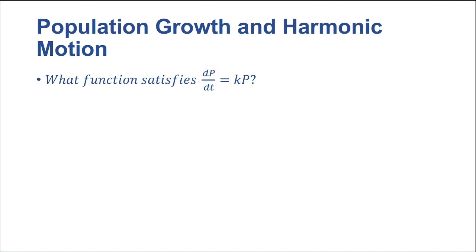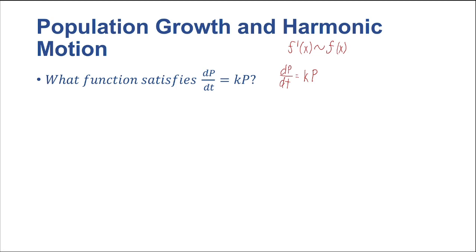For population growth, let's say that we are looking at a function where the derivative, dP/dt, the rate of change of the population with respect to time, is equal to some constant times P. So what this is really saying is we have a function f'(x) that is proportional to the original function f(x).